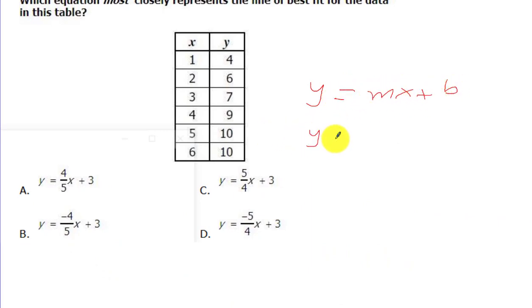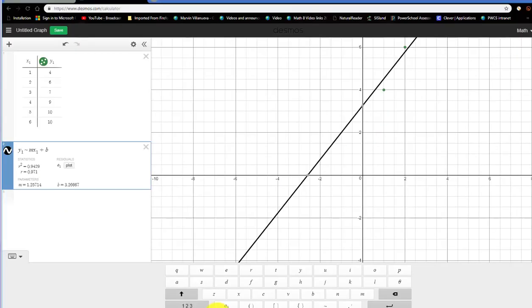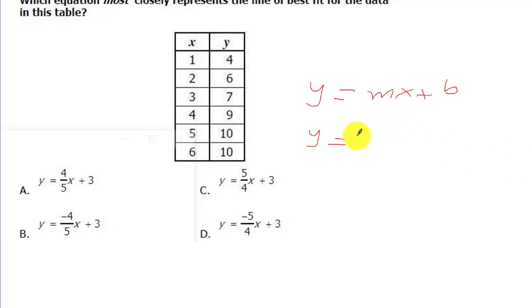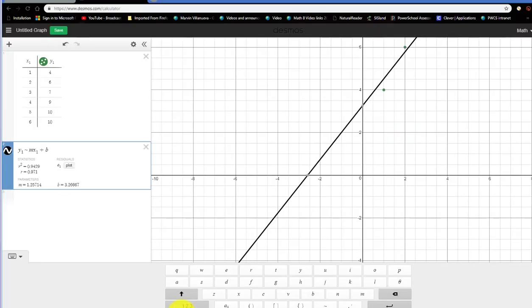We just need to replace the value of m and b by these values. So m is 1.257, and then my b is 3.27.